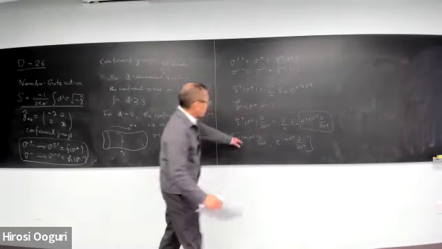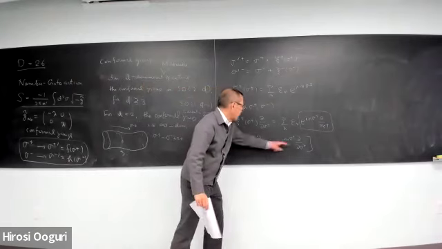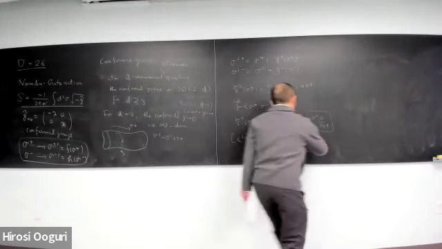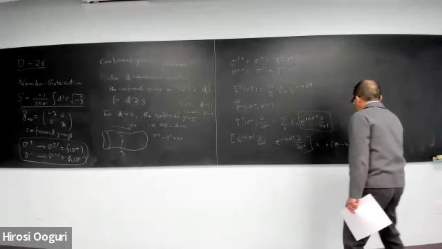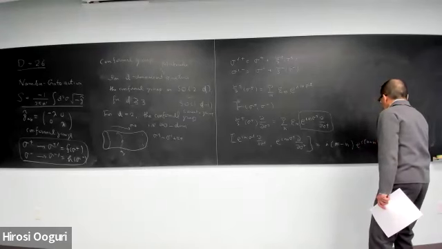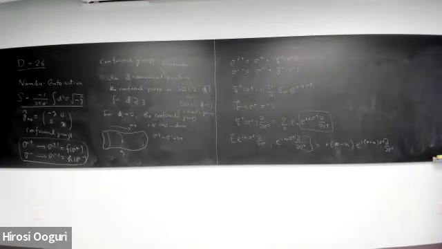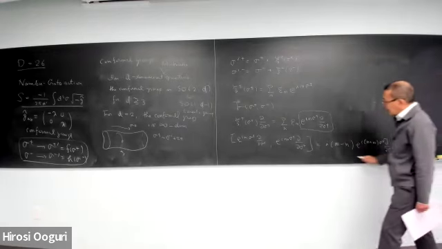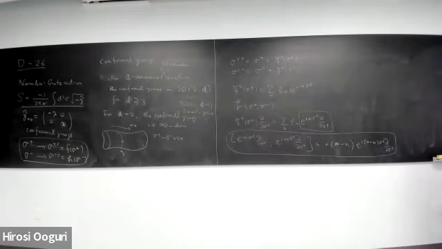You see that this acts on here, this acts on here. And so this makes i times (m minus n) of e to the i (m plus n) sigma del sigma plus. Okay, so this is the algebra of this structure, called the Virasoro algebra.